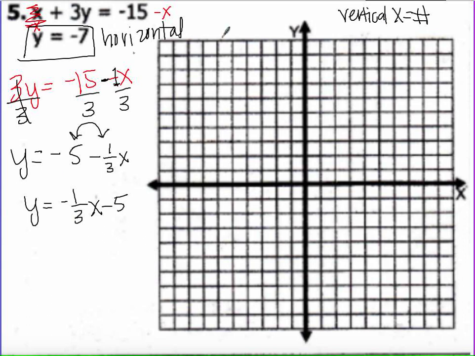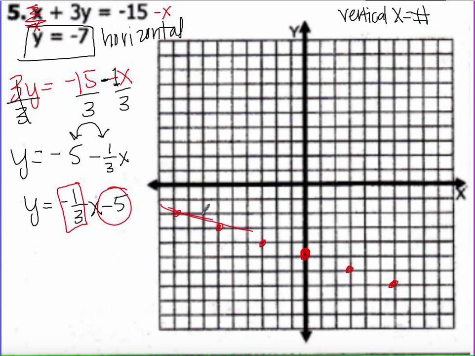So I'm going to just try and graph these two equations now. If I graph my rearranged first equation, I'm going to start at -5. So 1, 2, 3, 4, 5. Put a dot. Slope's -1/3, so I can go down 1, right 3, or up 1, back 3. So down 1, right 3, keep doing it to make it accurate, or up 1, back 3.